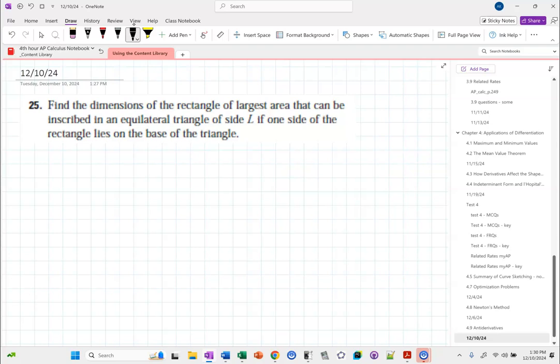All right. It says, find the dimensions of the rectangle of largest area that can be inscribed in an equilateral triangle of side L if one side of the rectangle lies on the base of the triangle. So I'll start by just trying to sketch out a little picture.